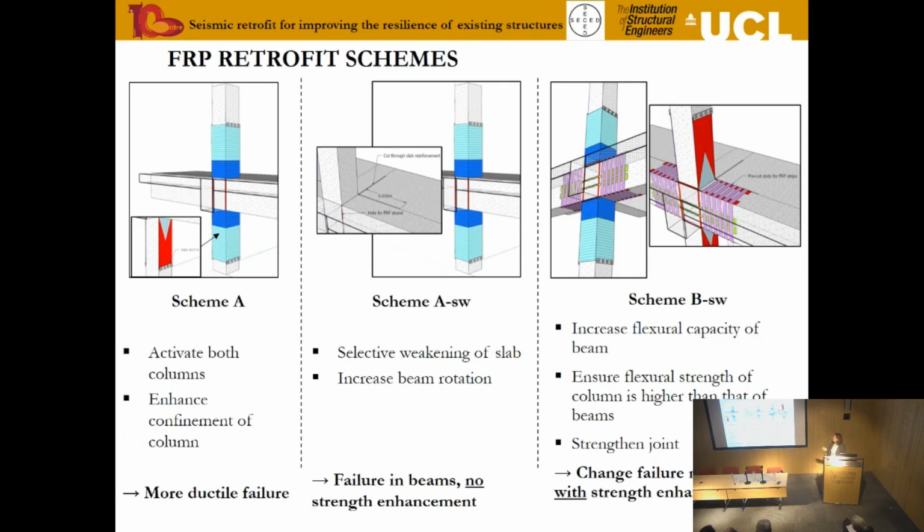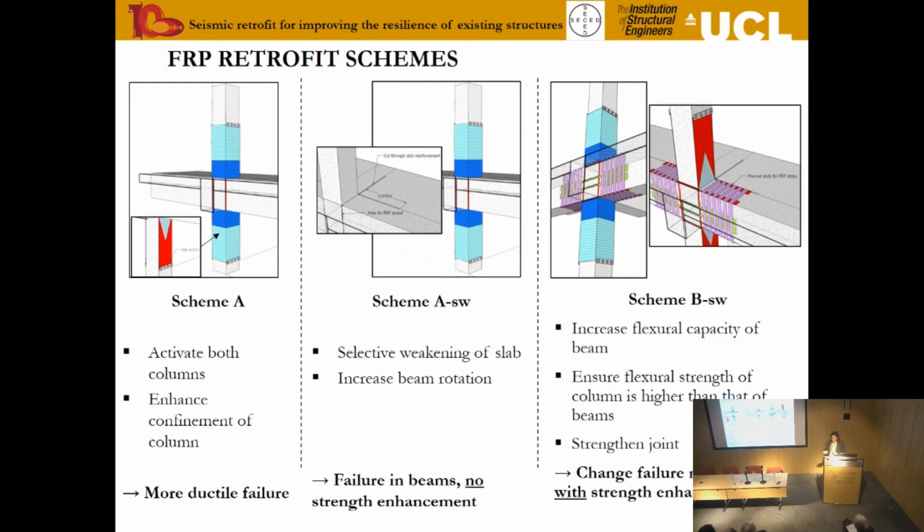So we introduced cuts within the slab, stopping the beam acting together with the slab as a composite, and again applied a retrofit scheme there. The idea here was to activate the beams and see whether that would happen, not necessarily to increase the strength, that's part of the first one, but to actually activate the beams.